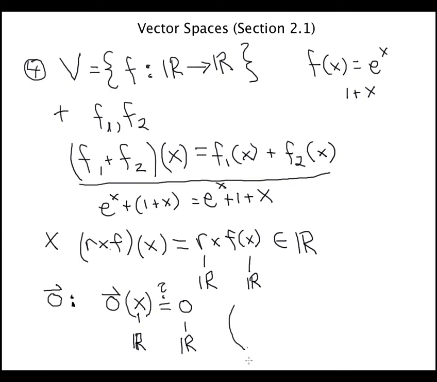So, for example, to say that if f is any function, I'm claiming that f plus 0 is equal to f. What does that mean? That says that f plus 0 at any point x is supposed to equal f of x. Well, what is f plus 0 of x?